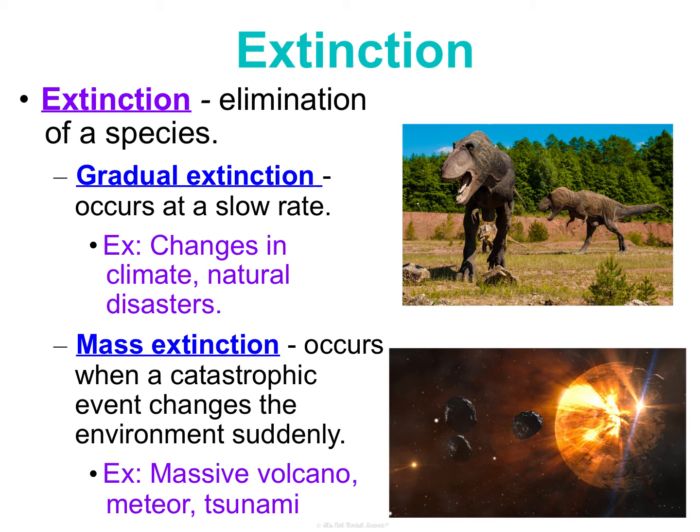So mass extinctions are usually through like a meteor, a tsunami, a massive volcanic eruption that takes out an island or small villages or an ecological system.